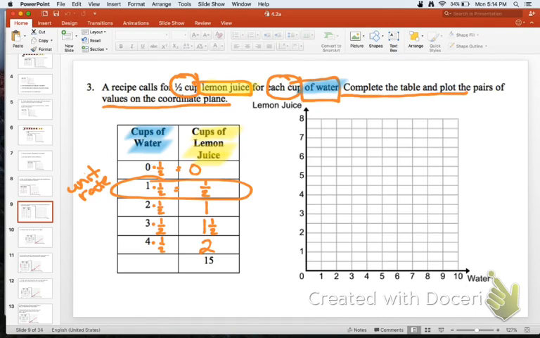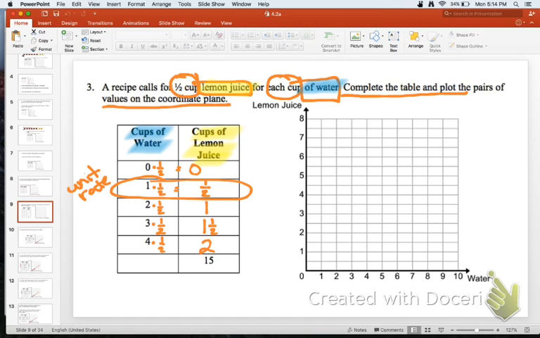Now, I get down to that very bottom row in my table, and I notice that they did not give me the cups of water. I notice that they gave me the cups of lemon juice. So, I know I have to go the opposite direction in my operation. If I was going from water to lemon juice, I was timesing. Now I think to my order of operation, what's the opposite of timesing?